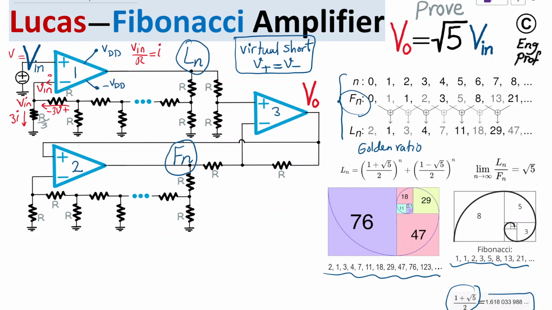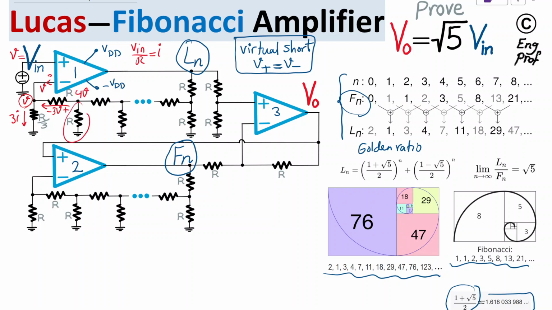So we have V and also V. Okay, so we are referring to V in as V, just to simplify writing, and we have V plus 3V. So as a result, we get 4V here.